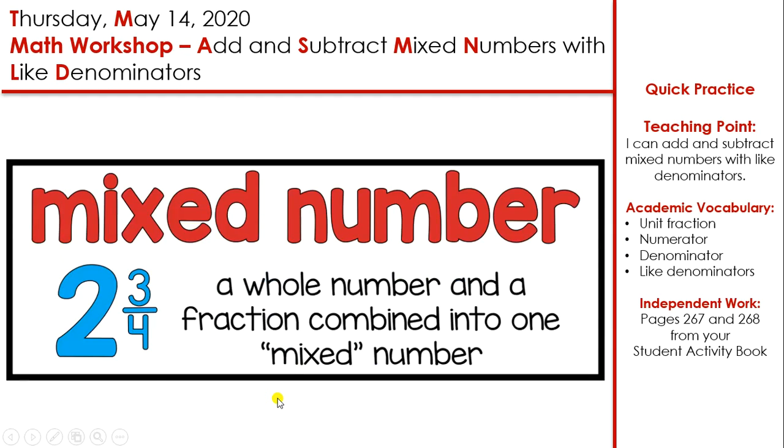Mixed numbers, what is that? So basically a mixed number is a whole number, as you can see, a big one, and a fraction combined. So whenever we talk about mixed numbers, we're talking about a whole number and a fraction together.